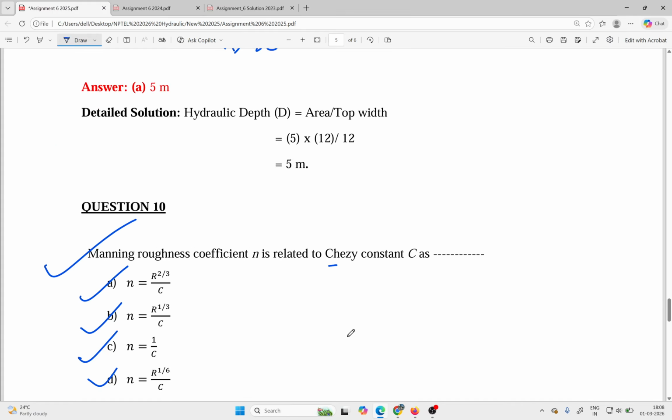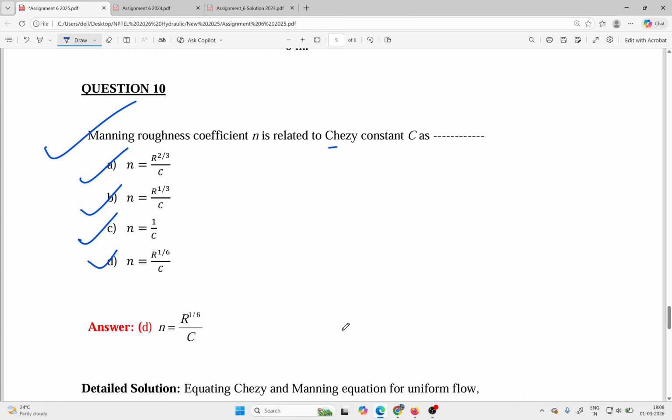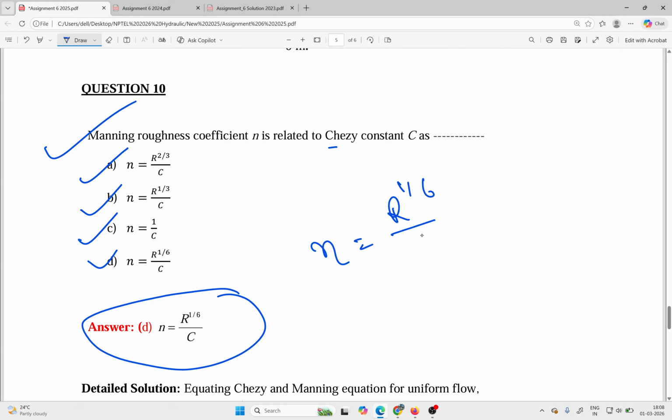Let me just show you the first answer for this question. Yes, for question number 10, your option D is correct here. n is equal to R to the power 1 by 6 divided by C. And what is C? C here is your Chezy's constant. Very easy.